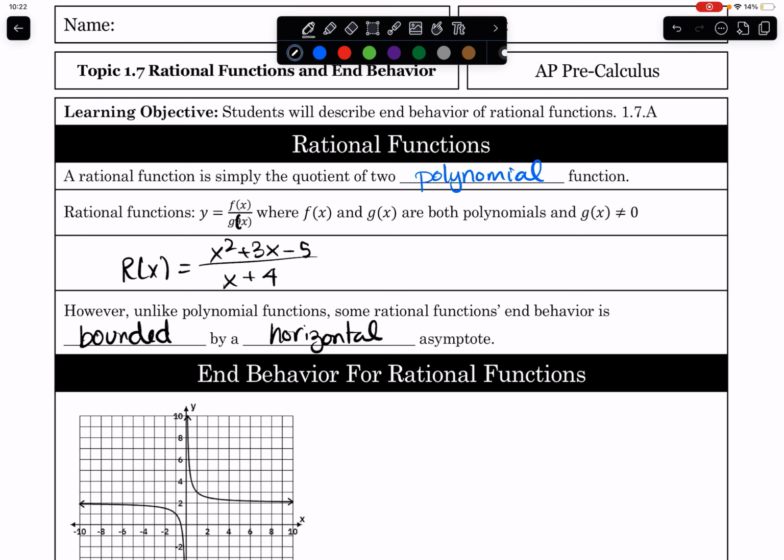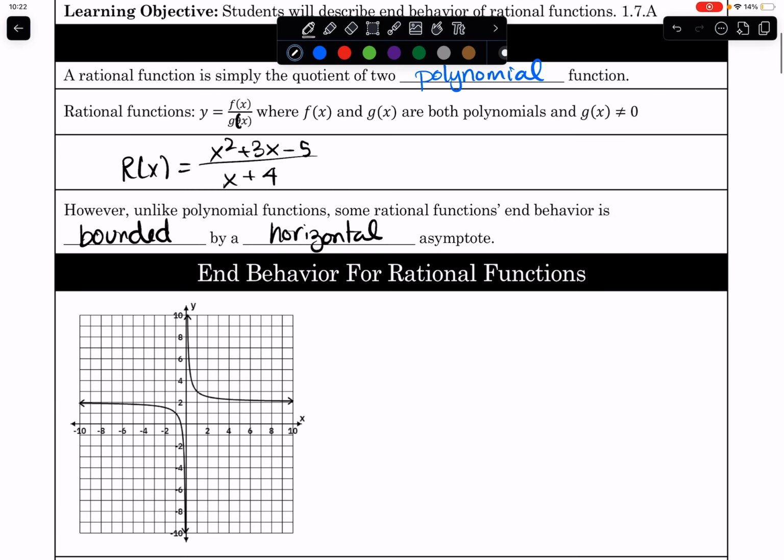They get closer and closer to it, but they never actually reach the coordinate of that horizontal line. And the location of that horizontal boundary line is going to describe the end behaviors. You're going to see that the horizontal asymptote tells me how the far left and far right of these rational functions are going to behave.